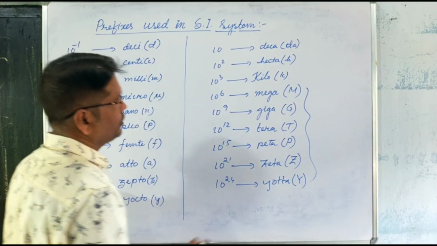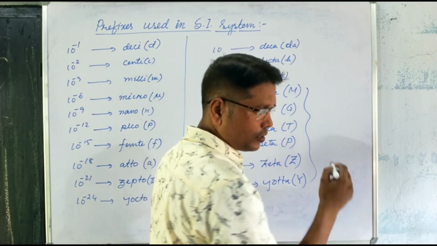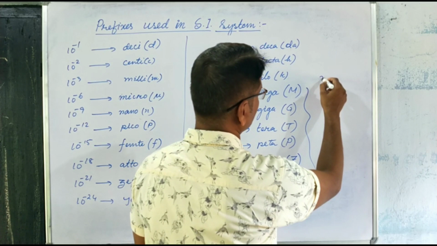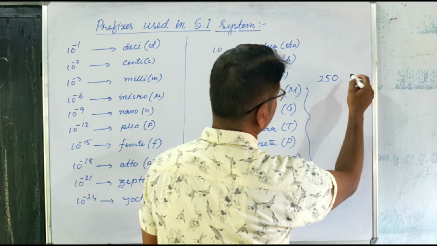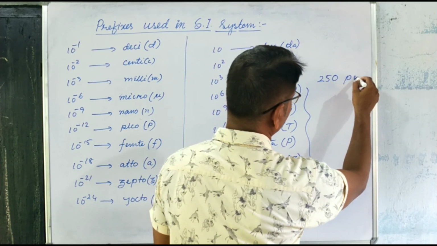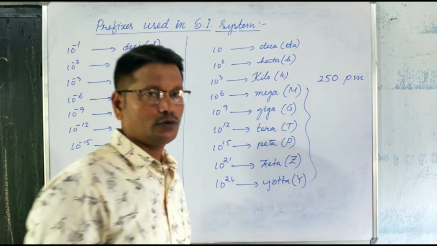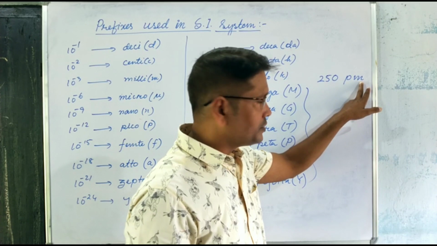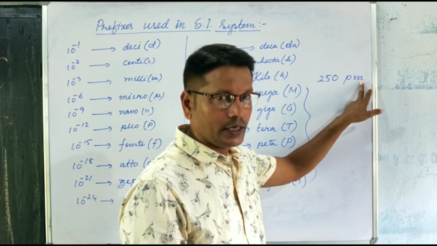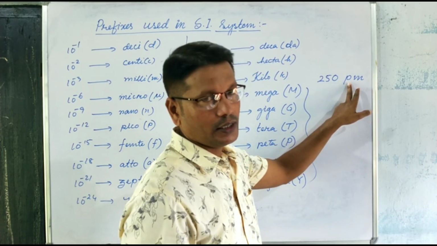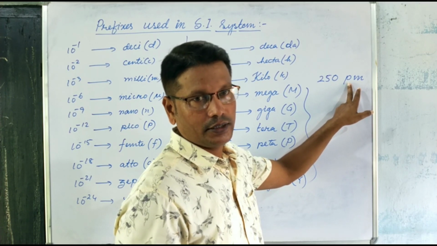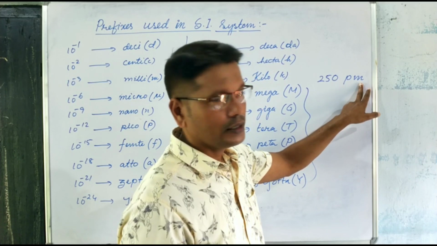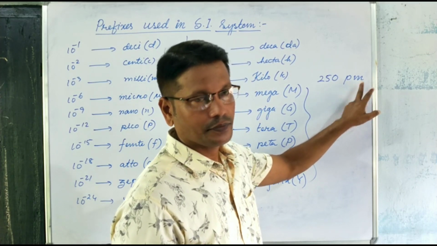For example, suppose we have found the value of a physical quantity as 250 picometer. So here actually meter is the main unit, that means fundamental unit, and pico is the prefix. Is it clear now? Pico is the prefix for the unit meter.